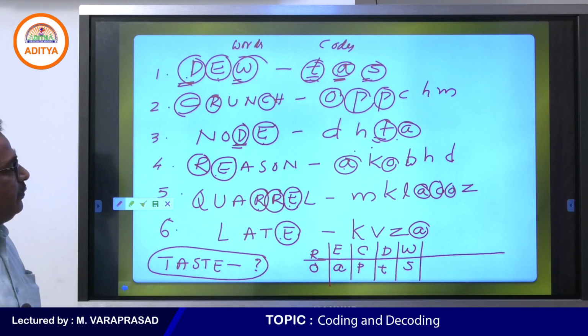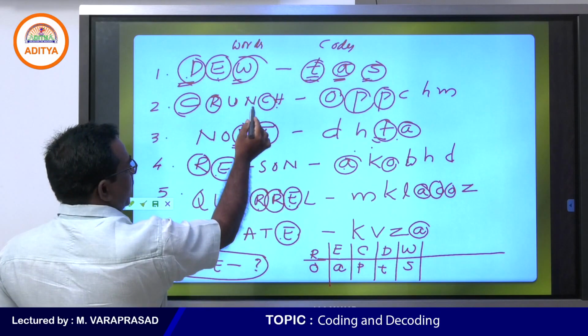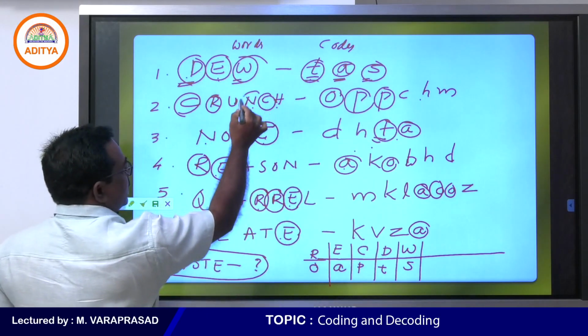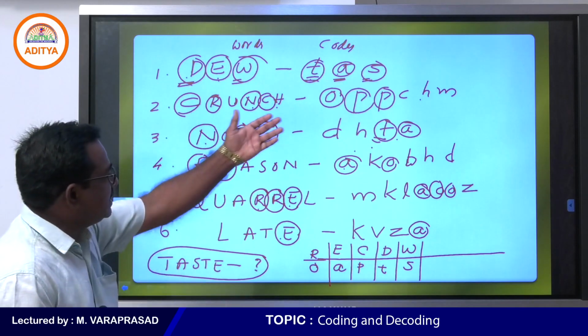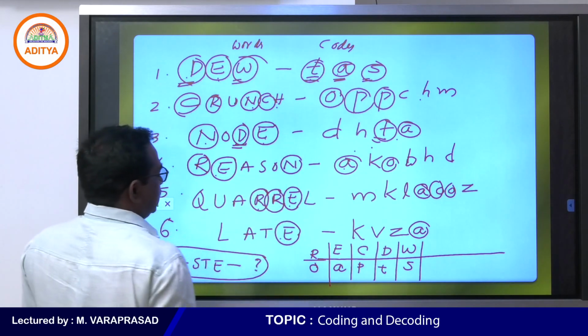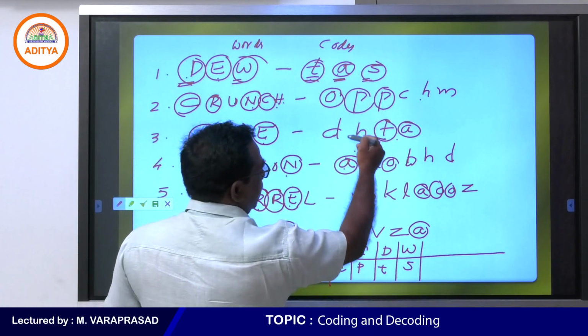Now here if you see U, N, H is there. N is repeated in the second one and third one. Still the fourth one also has N. So 1, 2, 3, 4. What is repeated in 2, 3, 4?